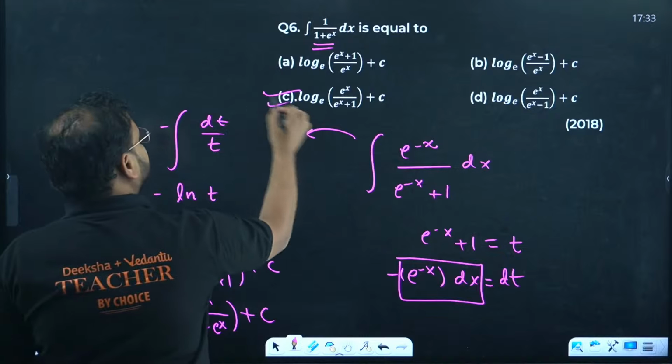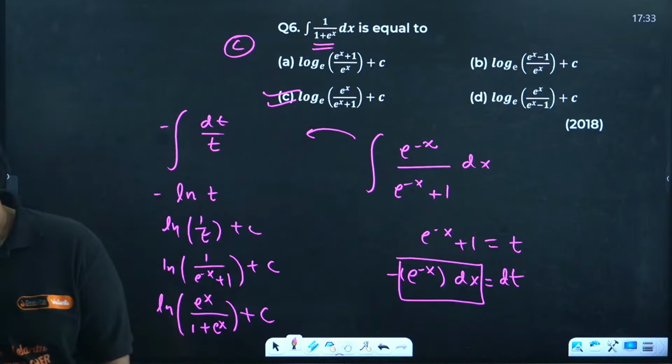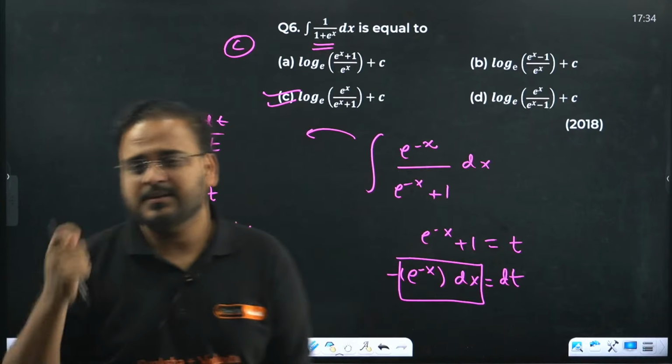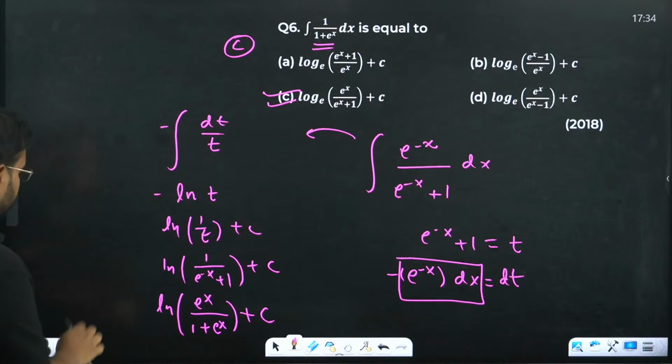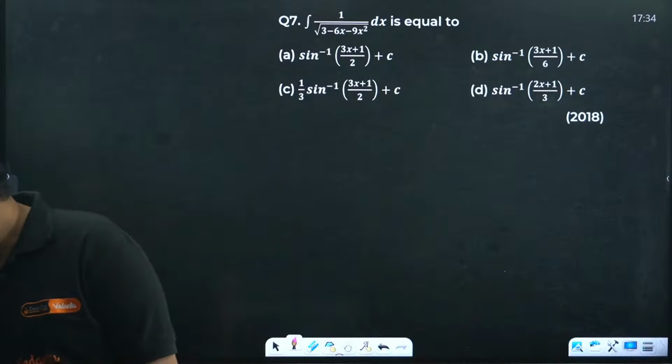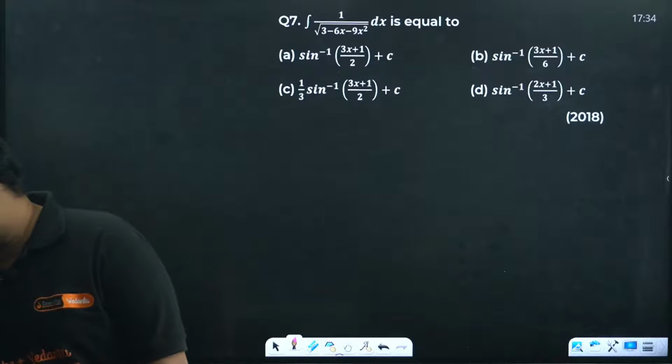Answer to the sixth is option C. Okay, sixth C is correct.